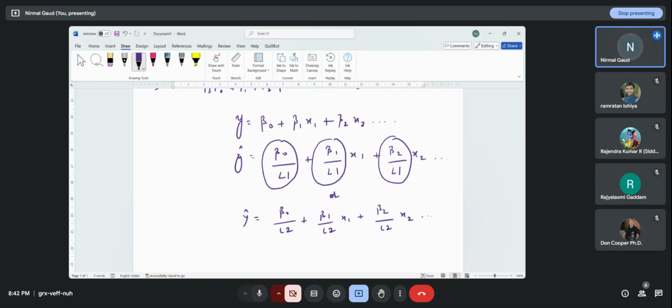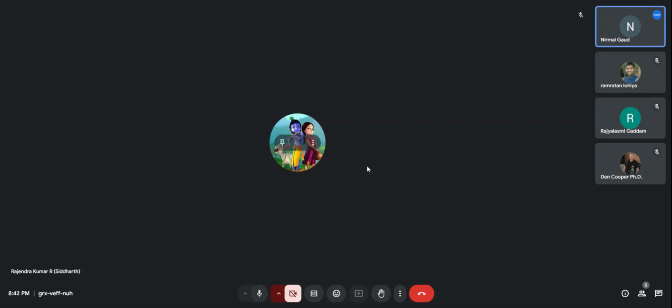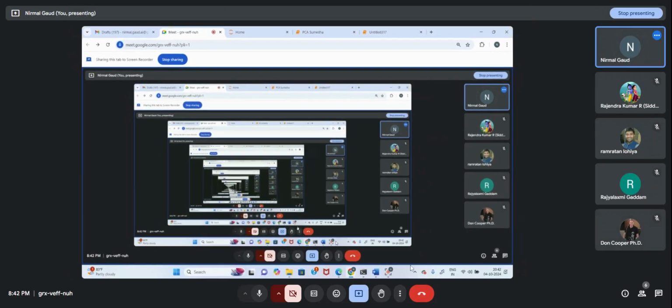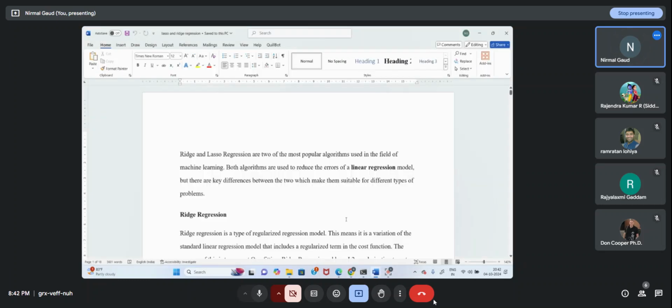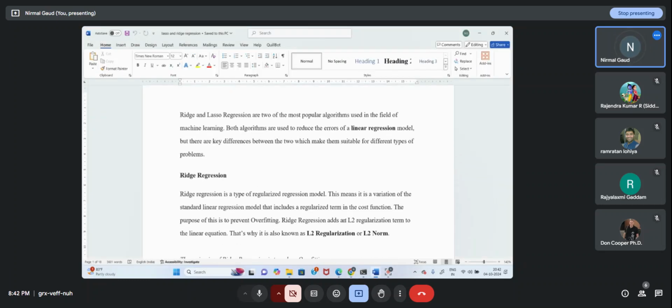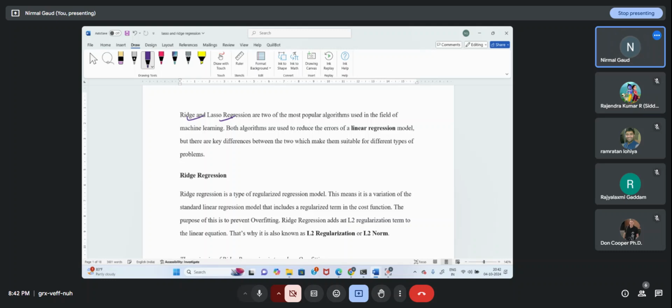Okay, so let me share my entire screen and have some discussion related to what's more said on these techniques. So, ridge and lasso are popular regularization techniques used to reduce the errors in linear regression.